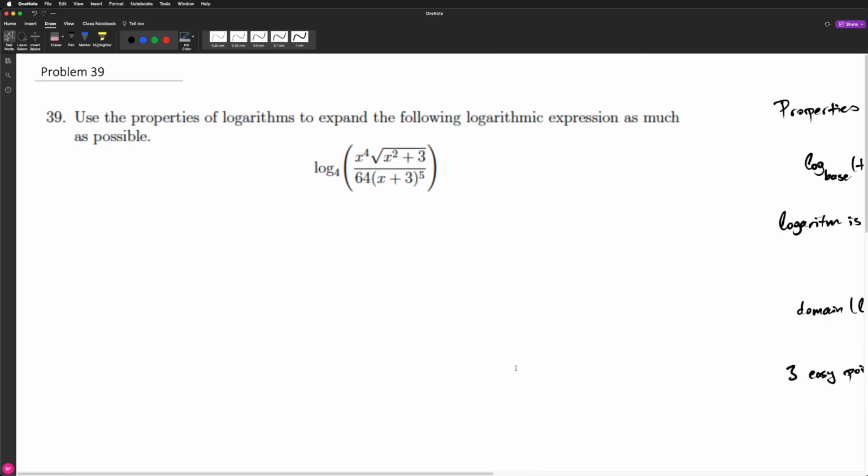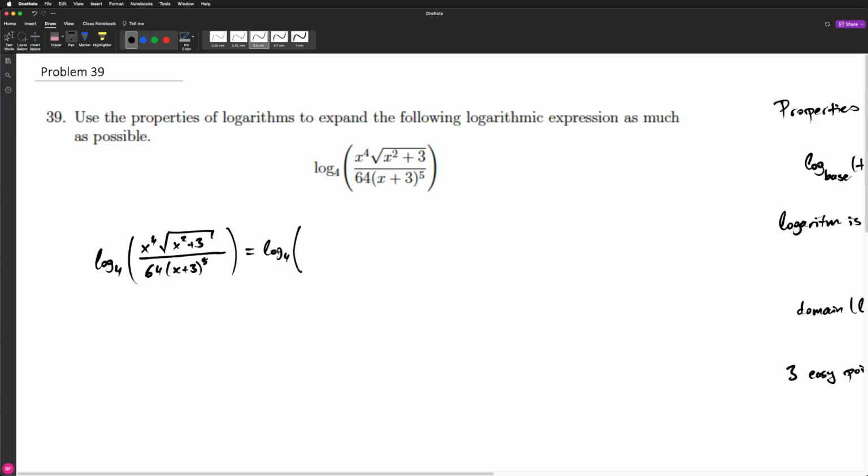All right. So what I'm going to do is I'm going to start with my expression. And the first thing I would do is, there are several choices you can make.